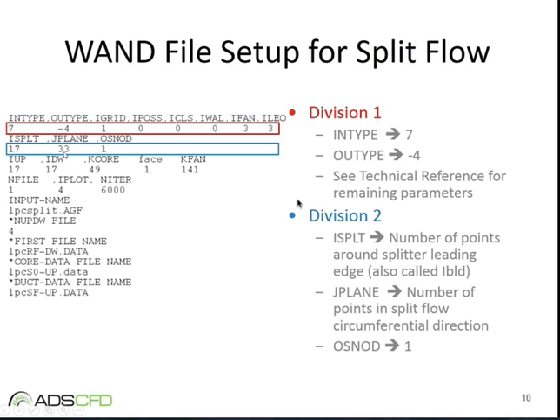In the second row here, what we're telling WAND is how many points we want around the splitter leading edge, and the number of points in the circumferential direction for the split flow mesh. This third parameter should just be set to 1.